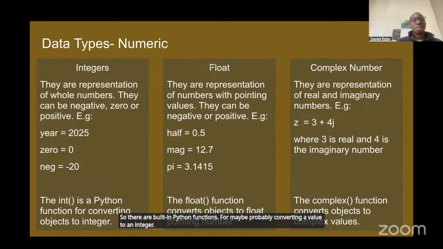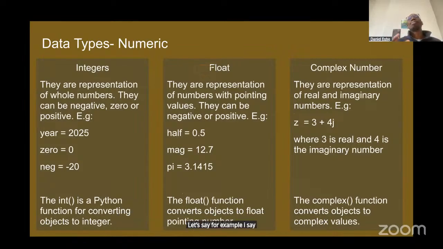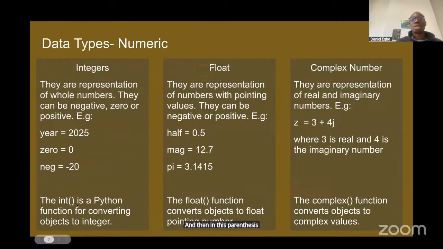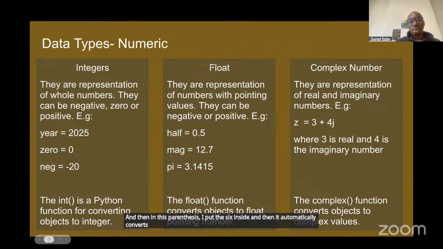Let's say, for example, I put 6 with quotes, and I define it as six, and I want to convert it to an integer. All I need to do is call int, short for integer, and in the parentheses, I put the 6 inside, and then it automatically converts it to a mathematical 6, number 6.